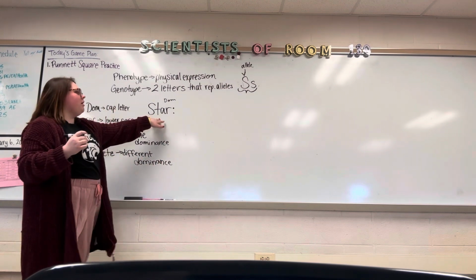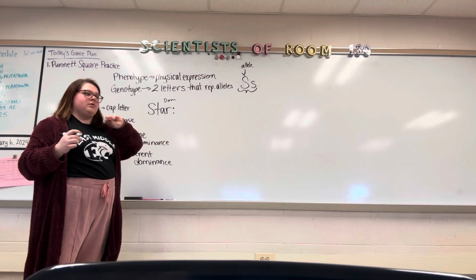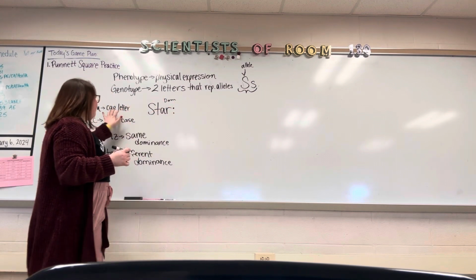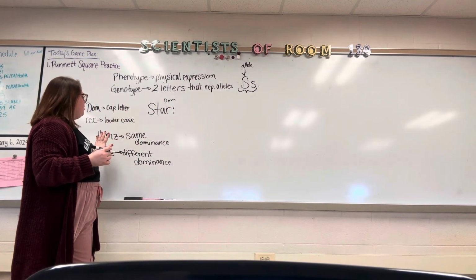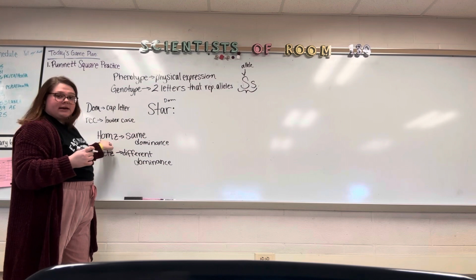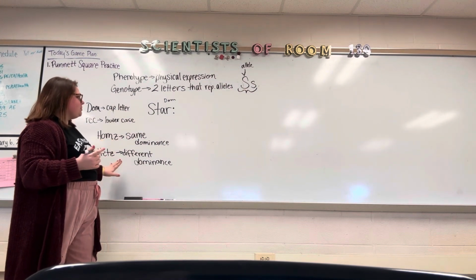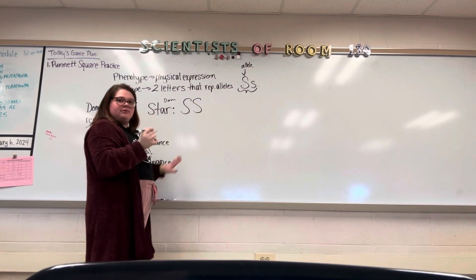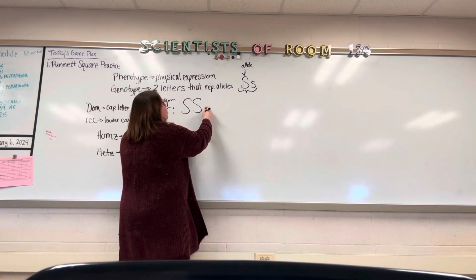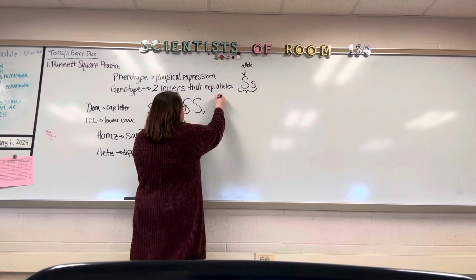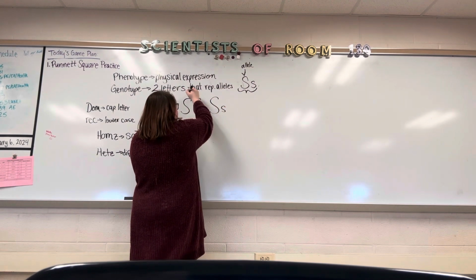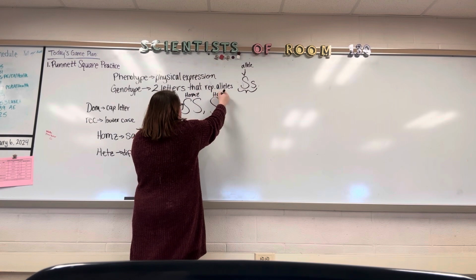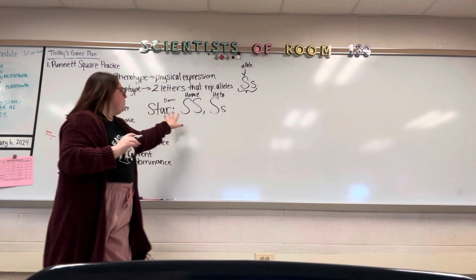Okay, so our 2 options, we know we're going to have a capital letter because it's dominant, and we know we can have a homozygous option and a heterozygous option. So we can either have capital S, it's option number 1, or our heterozygous option is capital S, lowercase s. Okay.